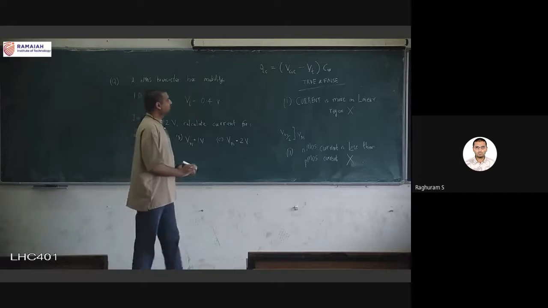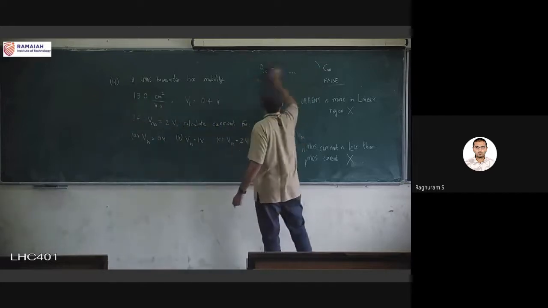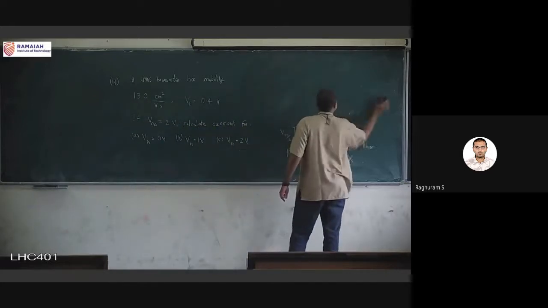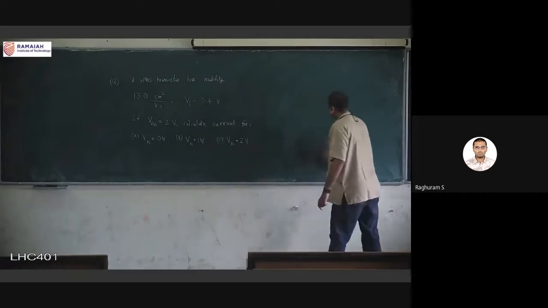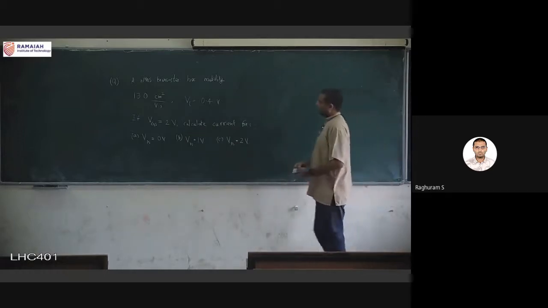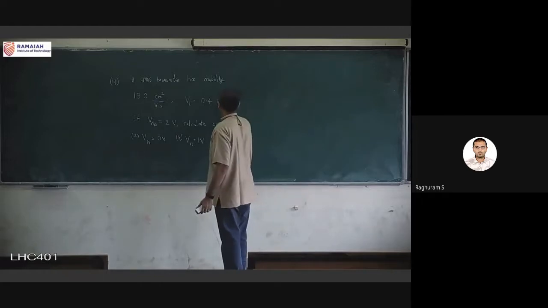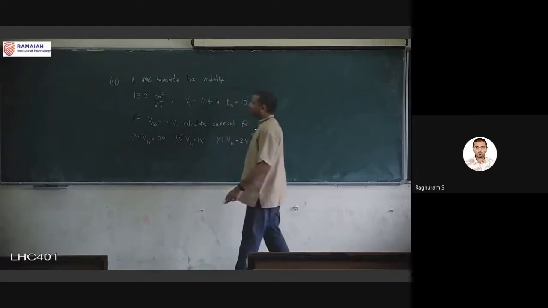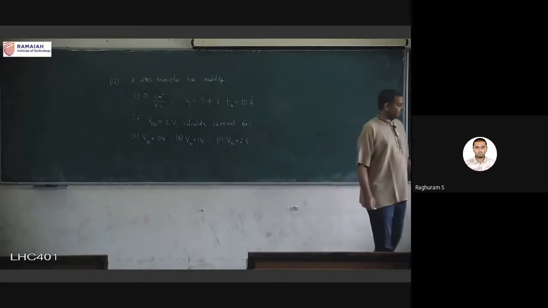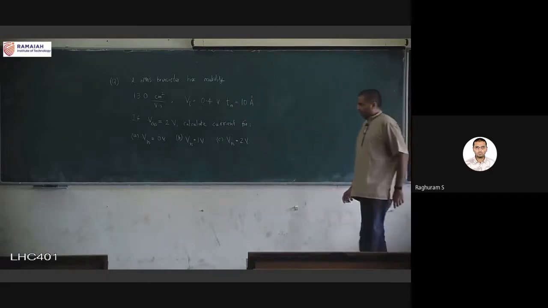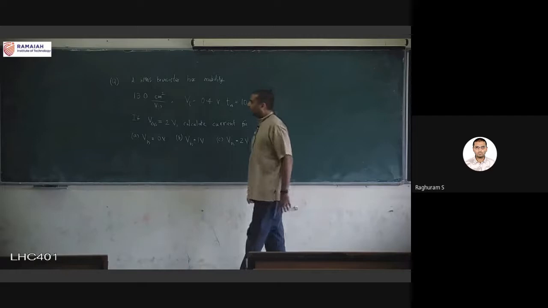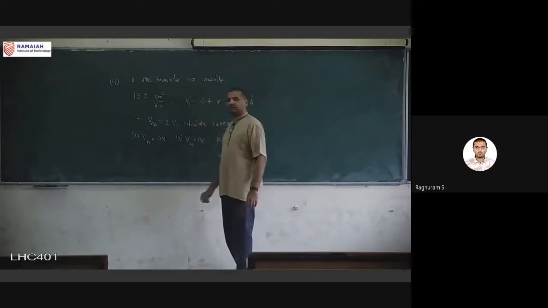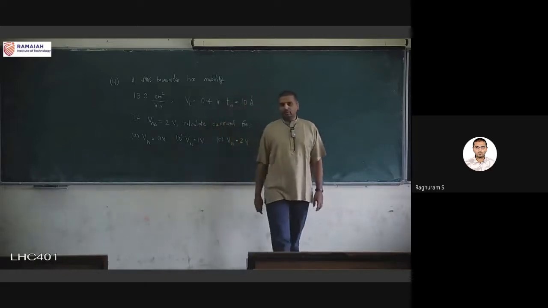One more parameter is required. Okay, so I hope all the parameters are there. NMOS transistor, mobility. Mobility is my variable mu in particular.